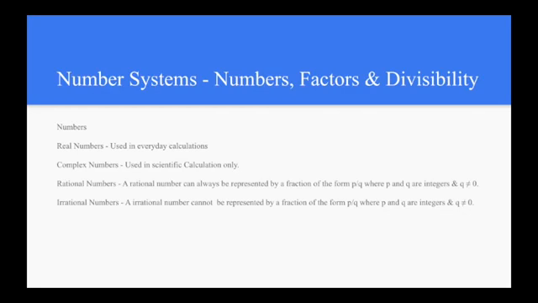Irrational numbers are those numbers which cannot be written in the form of p by q. For example, you must know, if I divide 2 by 3, the result would be 0.66666. Since 2 by 3 is a rational number, but when I divide 2 by 3, the result which I get is a non-terminating decimal.